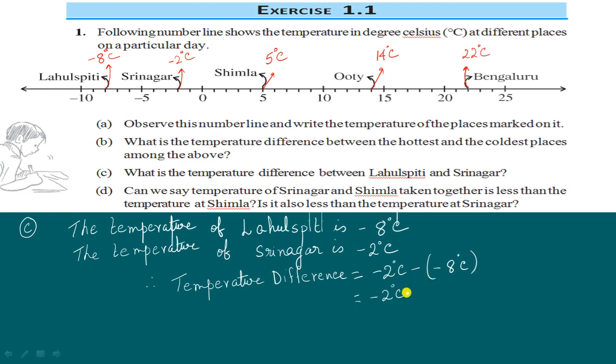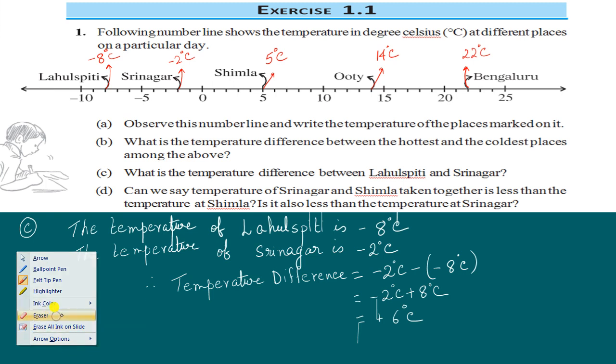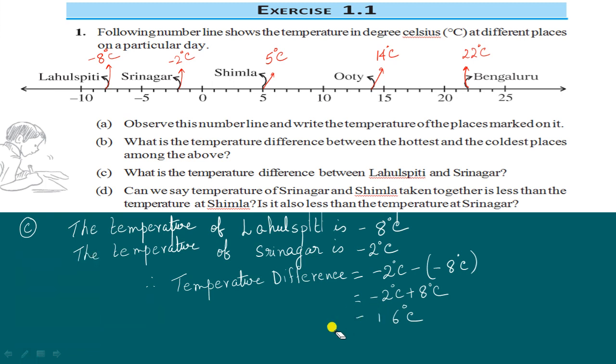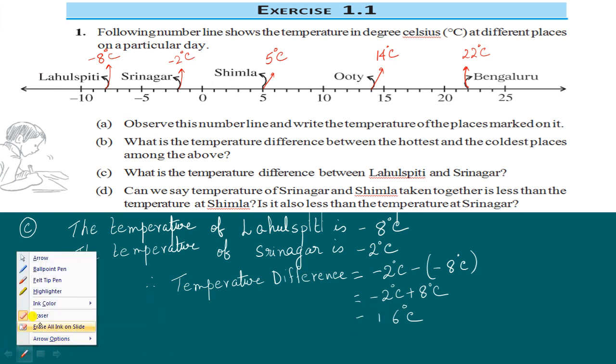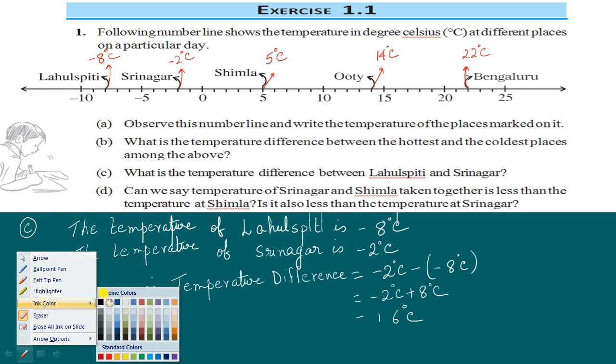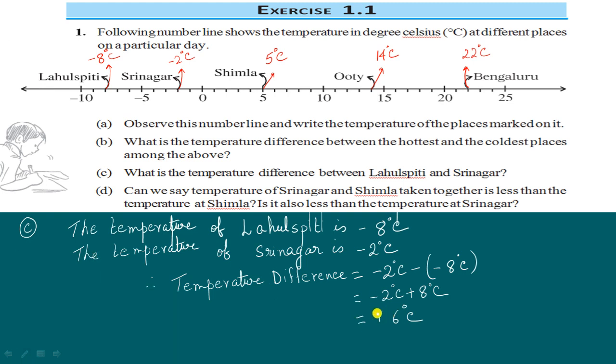We are getting the temperature difference, that is minus 2 degrees centigrade minus into minus, plus 8 degrees centigrade, that comes to plus 6 degrees centigrade, right? That is equal to plus 6 degrees centigrade. Therefore, the temperature difference between Lahaul Spiti and Srinagar is 6 degrees centigrade, right?